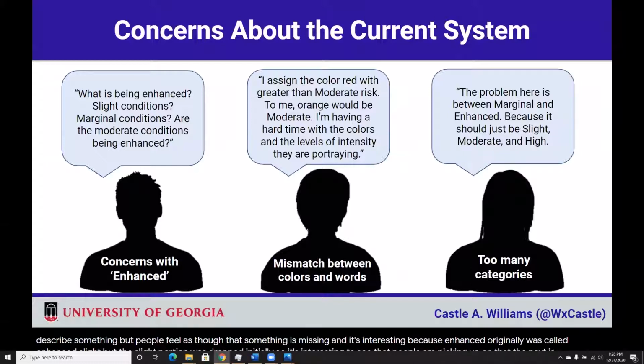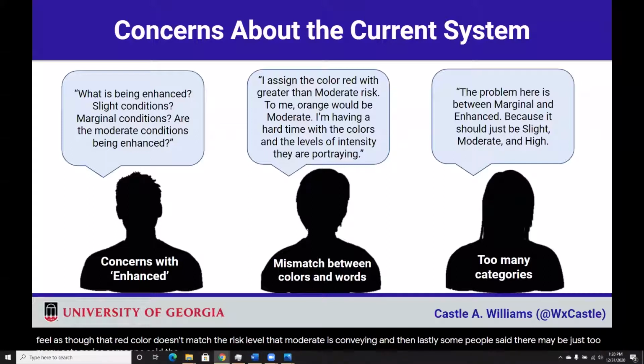The next is there is a mismatch between colors and words. So for example, this individual says, I assign the color red with greater than moderate risk. To me, orange would be moderate. I'm having a hard time with the colors and the levels of intensity they're portraying. So as this individual said, they feel as though that red color doesn't match the risk level that moderate is conveying. And then lastly, some people said there may be just too many categories.